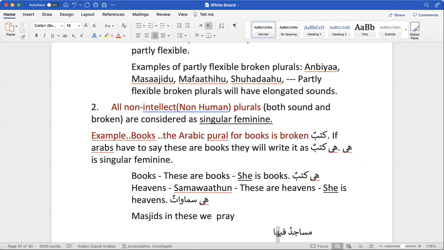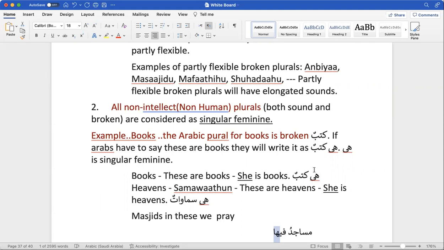So this ha is the attached pronoun version of hiya. Hiya is called an independent pronoun. And in English, you might be knowing there are two kinds of pronouns. One is independent pronoun, like he, we, I, you, right? Then another kind is attached pronoun, like us, him, his. Those are called attached pronouns, right?